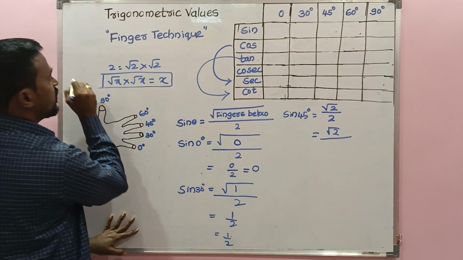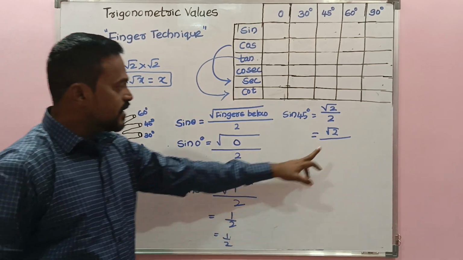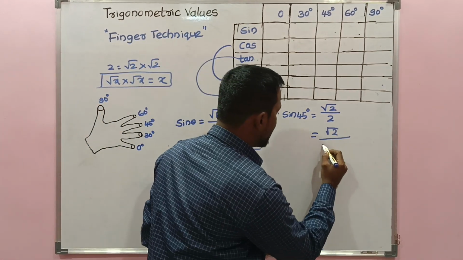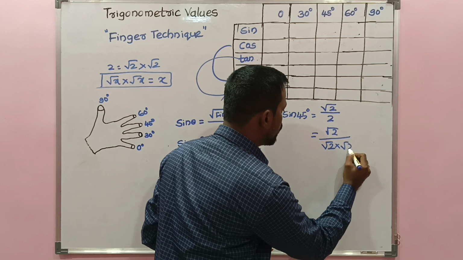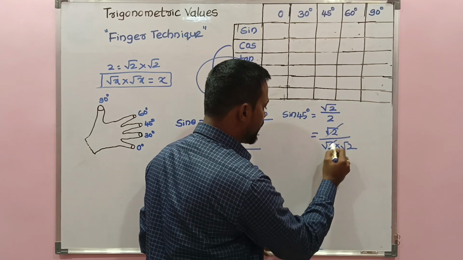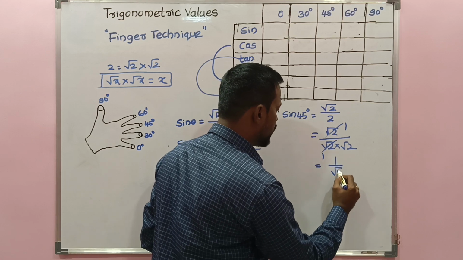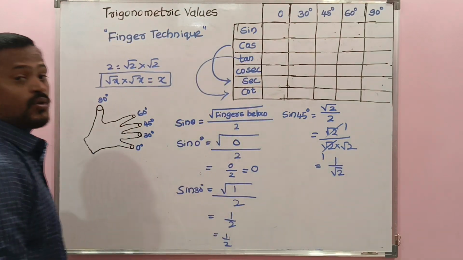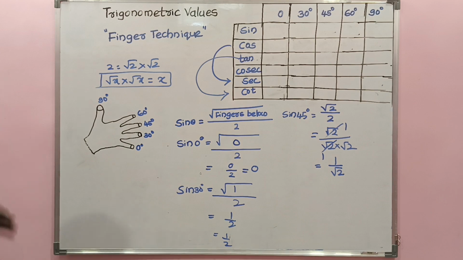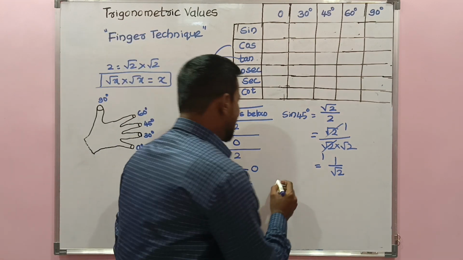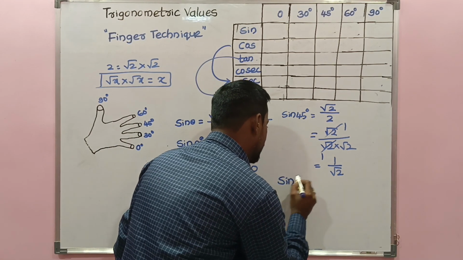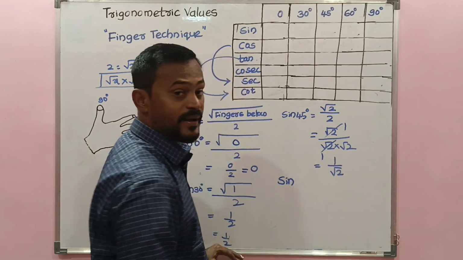We know this formula, radicand formulas. Now cancelling root 2 and root 2, we end up getting 1 divided by under root 2. Finally sine 45, we got the answer as 1 divided by root 2.